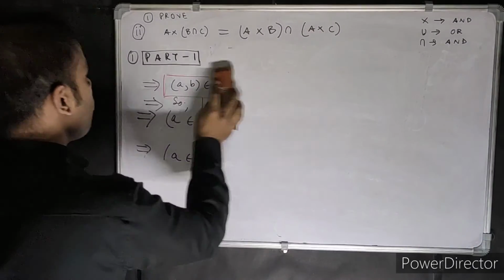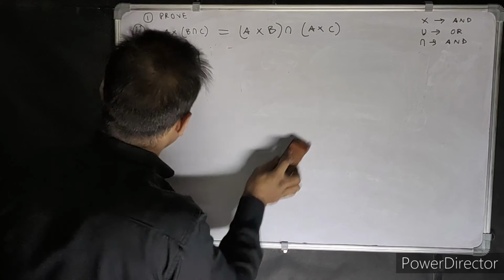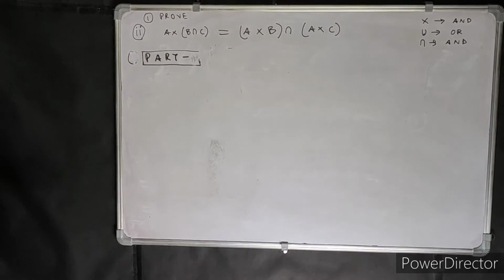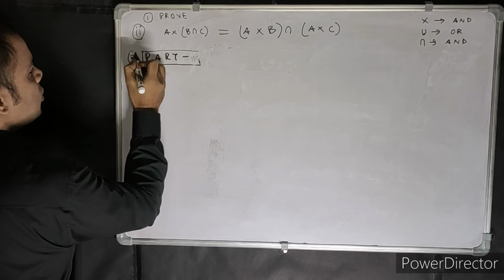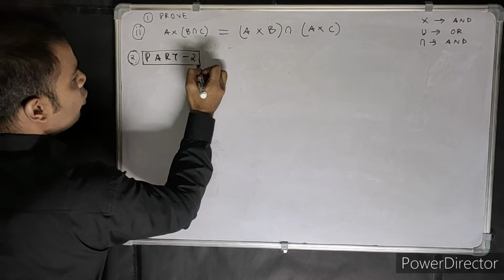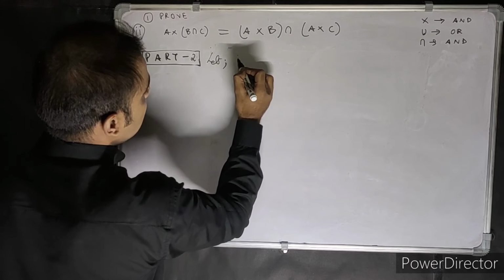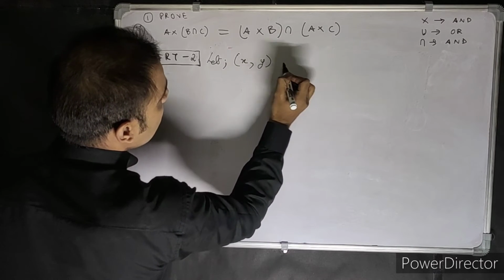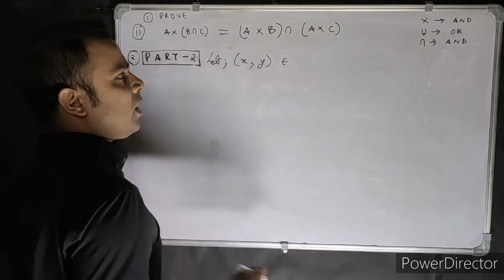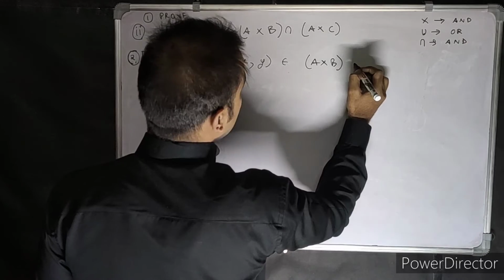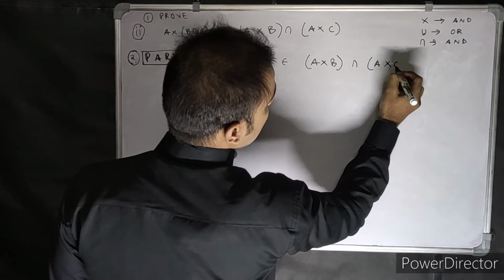We'll use X and Y. So let's start. This is part 2. Don't waste much time. Let (X, Y) belong to (A cross B) intersection (A cross C).